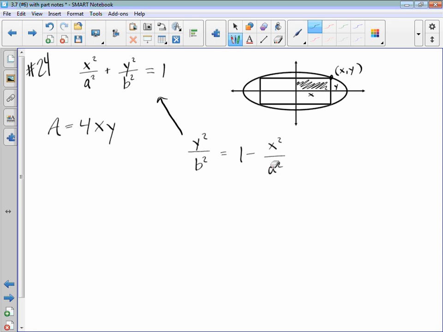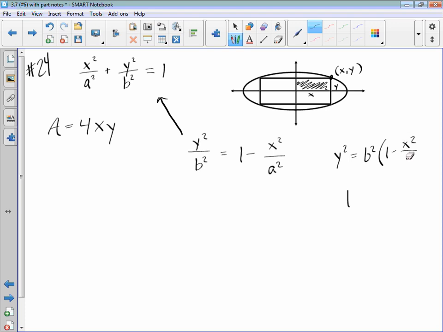And I'm trying to get y by itself, so what's the next step? Multiply by b squared. And you could distribute the b through. I'm not going to, just because I'm going to have to factor it out again in the next step. So if I multiply by b squared, I get y squared equals b squared times 1 minus x squared over a squared.